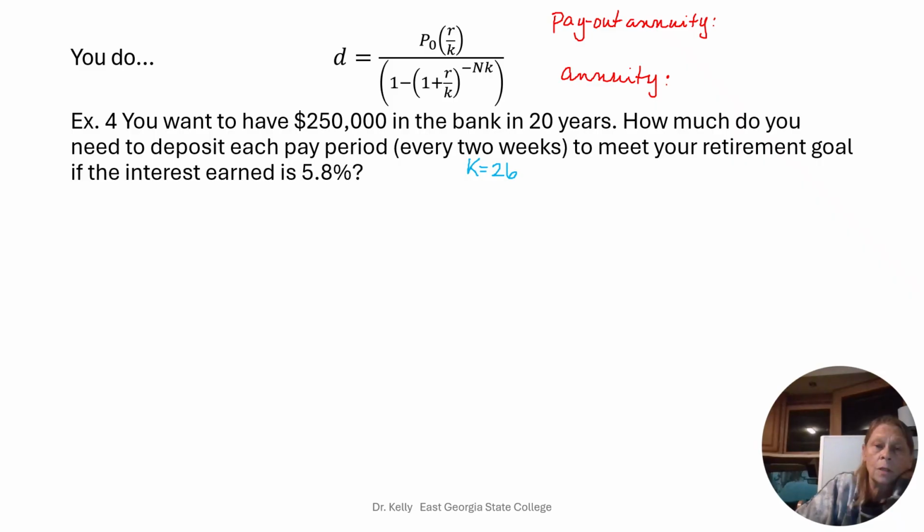Let's remind ourselves what I just said, and I'm saying this because I have the wrong formula here. A payout annuity is many payments, and a regular annuity is many deposits.